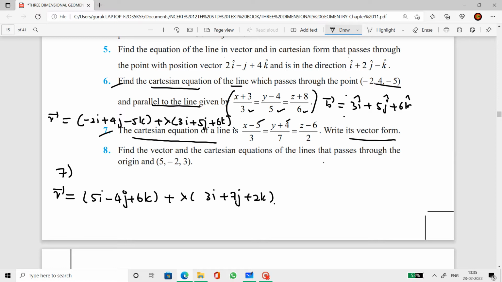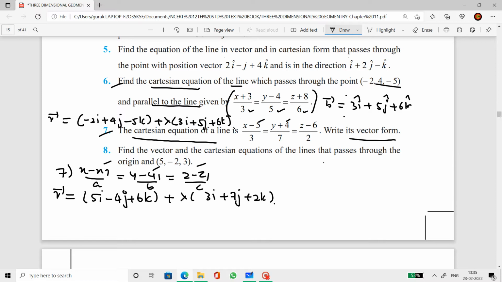Now, if you wanted to know the steps, I'll tell you. The equation of a line in Cartesian form is (x minus x1) by a, (y minus y1) by b, (z minus z1) by c. x1, y1, z1 are the passing through point, and a, b, c are the components of the direction vector.